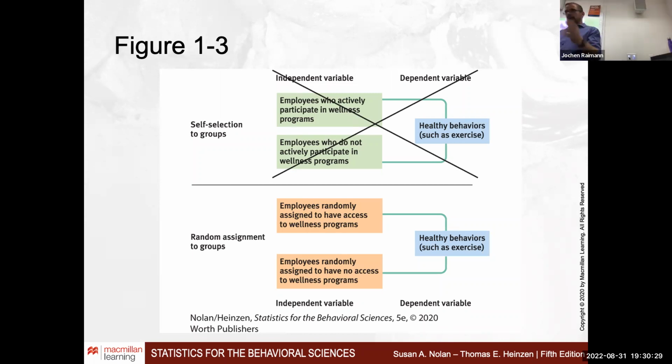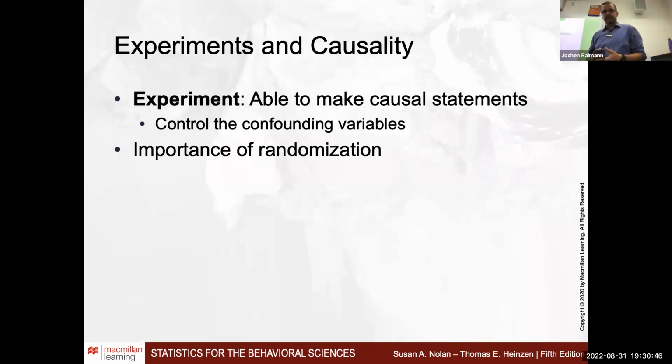Then you see the health behavior after a certain period in the study, and you can compare that and get insights into the effects without confounding. That's why only randomized experiments can be used to make causal statements.